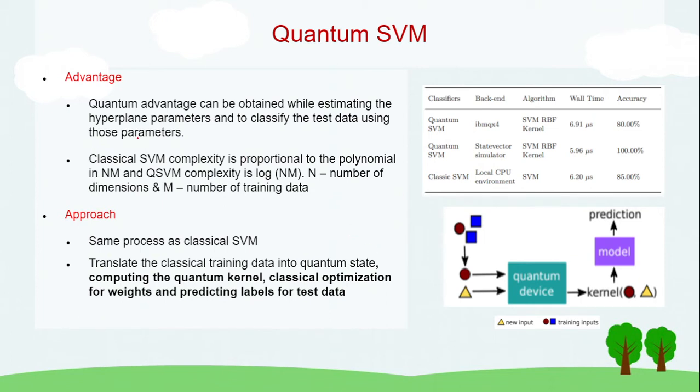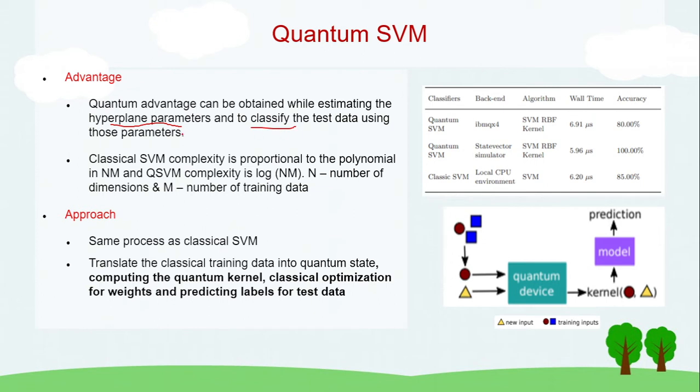We have seen earlier, but again we'll reiterate, the quantum advantage can be obtained because of the mathematical operations involved, particularly to find out the hyperplane parameters, that is W. Initially we need to estimate it from the training data, and later we'll be using it for test data to classify.